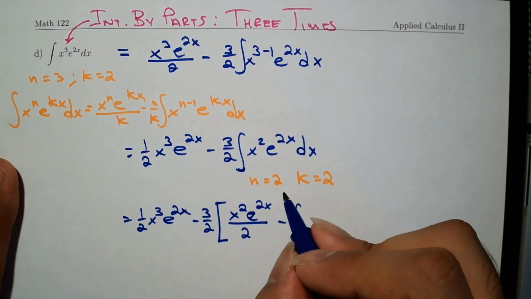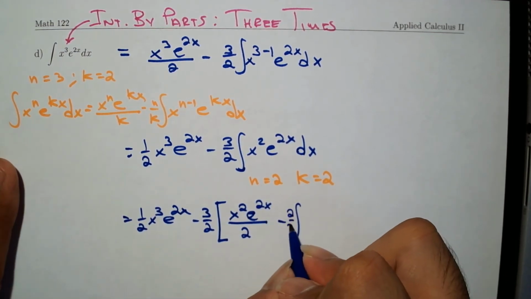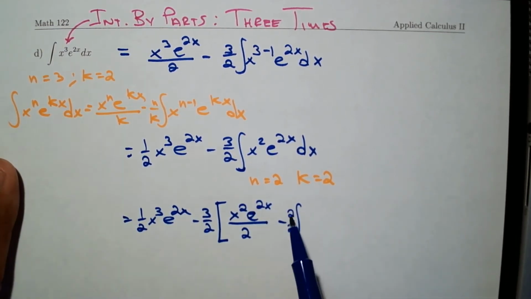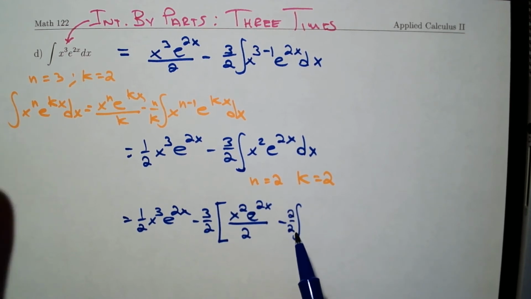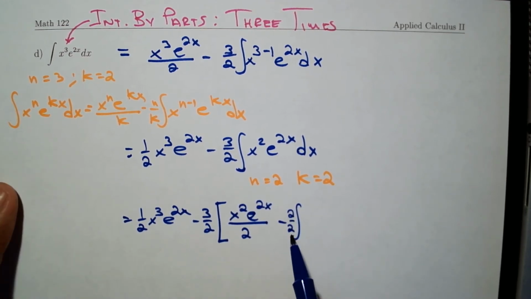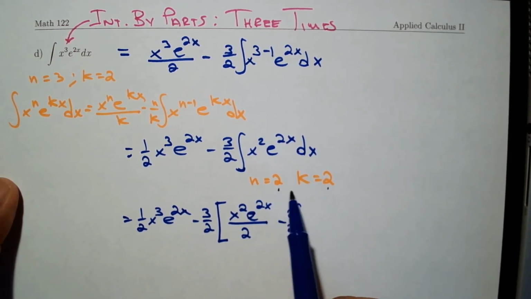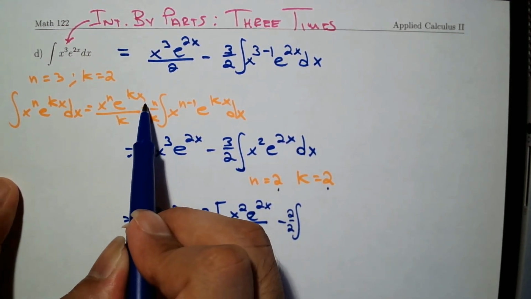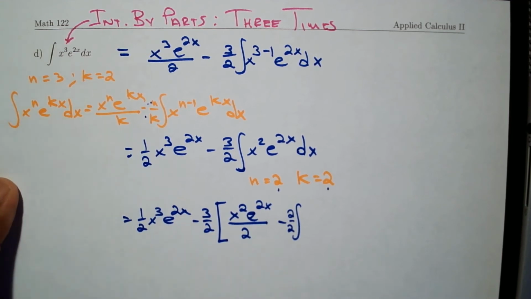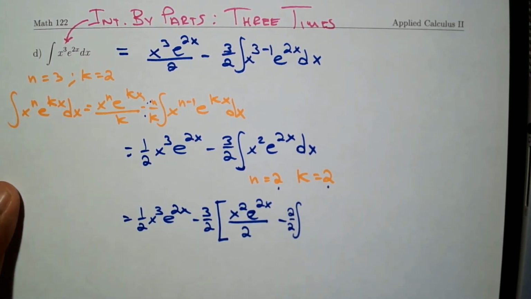Alright, n over k in this case is 2 over 2. I was not going to write it because this was going to reduce to 1, which we don't need to write. But in this case, I'm writing it just so you can see where this is coming from, so we can honor the n over k process that comes from the formula.